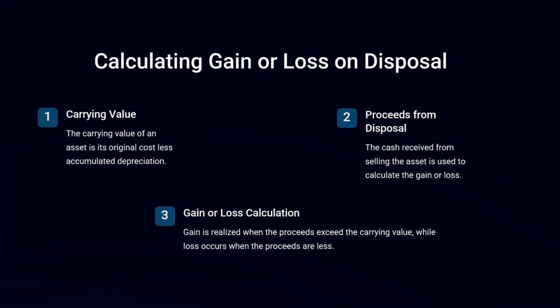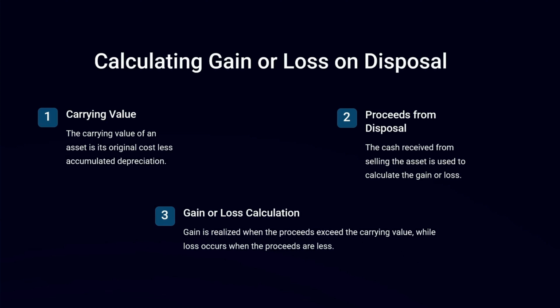We calculate gain or loss based on this information. We have the carrying value, which is the original cost of the asset minus the accumulated depreciation. We call it the carrying value, or the net value for our asset. Now we have the proceeds from disposal, the cash that we received when we sell our equipment.